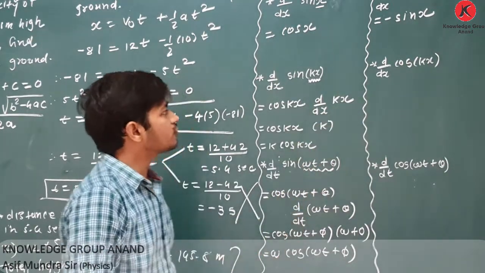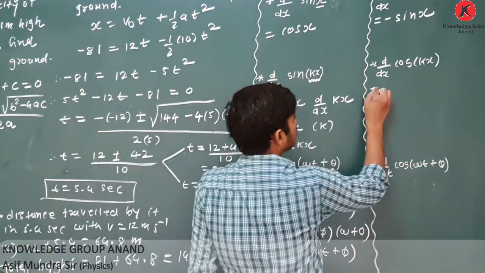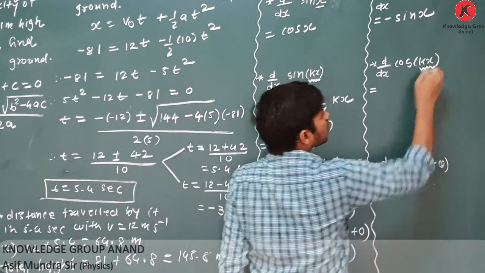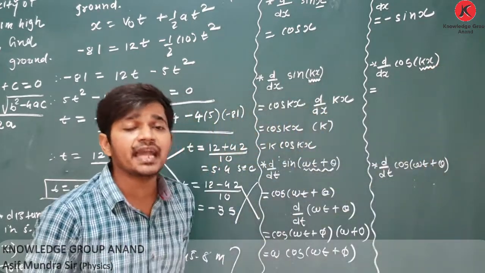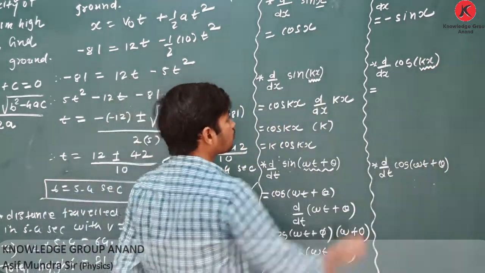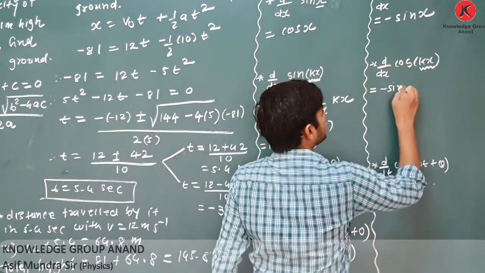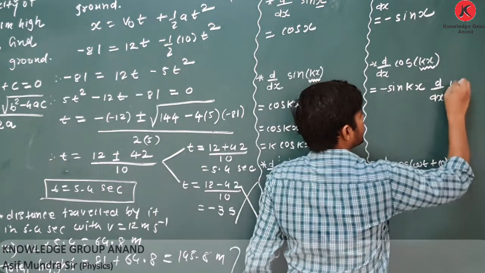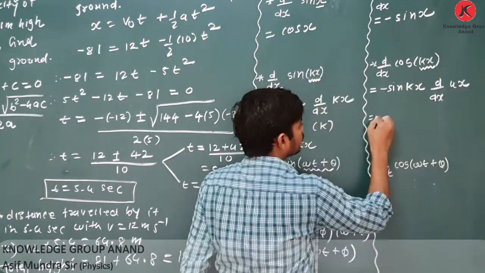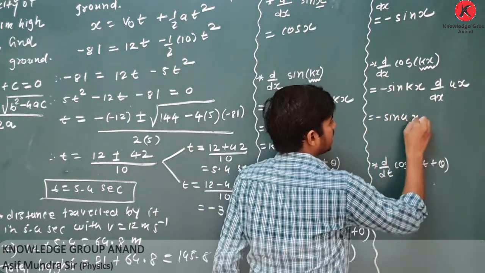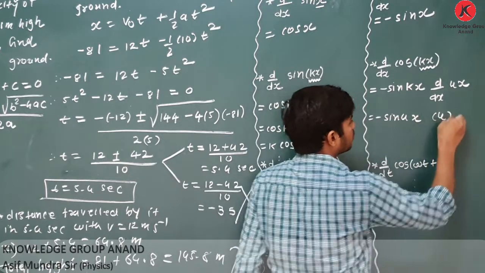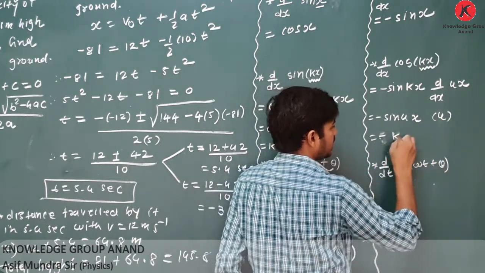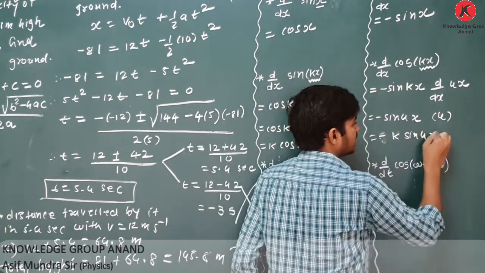Clear? Similarly, here differentiation is with respect to x, and the angle of cos is kx, not only x. Then first of all, it is minus sin kx, and then d upon dx of kx, so it is minus sin kx into k, which is minus k sin kx.